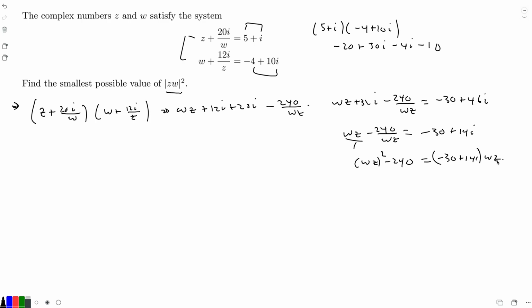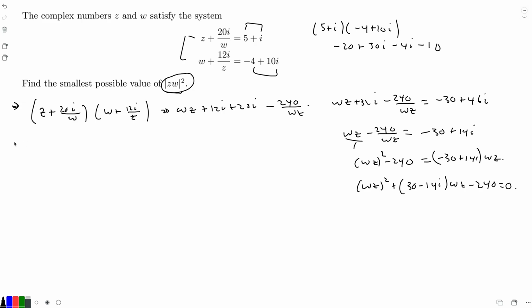And then we can bring this to the other side. We get wz squared plus 30 minus 14i wz minus 240 is equal to 0. Now we have a quadratic in terms of wz. Not easily, there's a bunch of calculations we have to do, but let's just get started with it.